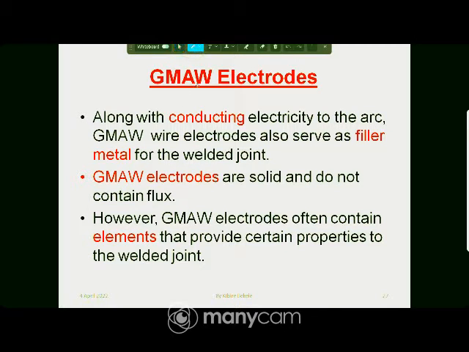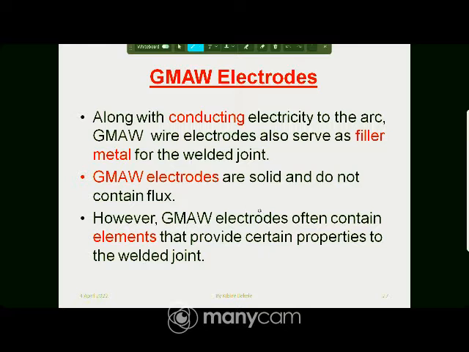The fluxes, by the way, are used in shielded metal arc welding, and also in flux core arc welding and submerged arc welding. But here in gas metal arc welding, there is no use of fluxes. So the gas is the shielding material here.